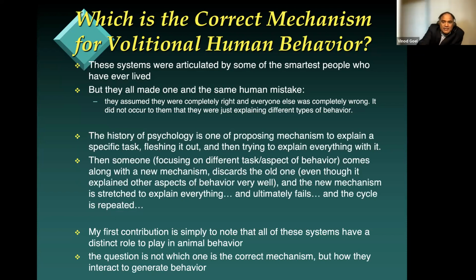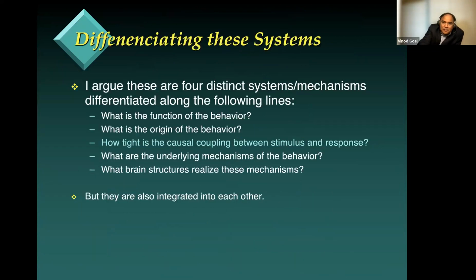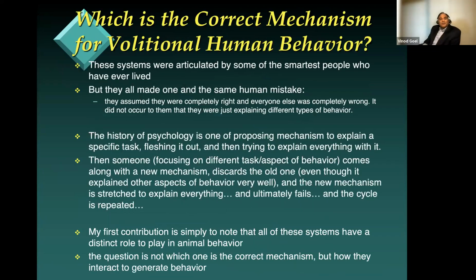So if you go back to this diagram, there's only one name that really appears twice, and that's William James. He recognized both the importance of instinctive systems and associative systems in humans. But Chomsky certainly didn't, Skinner certainly didn't, Lorenz certainly didn't, so they were all falling into the same trap.